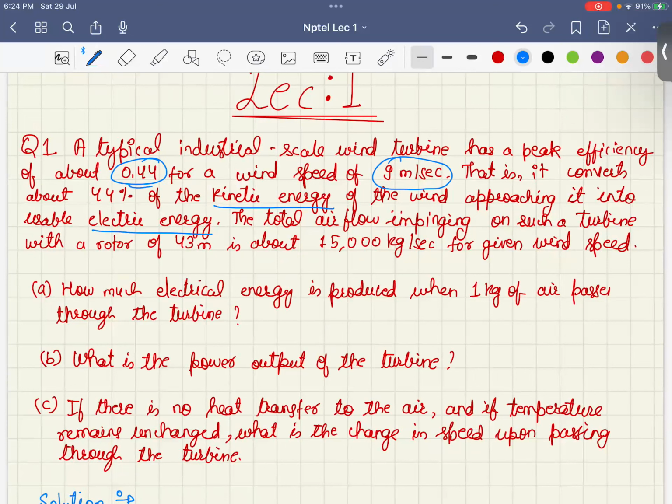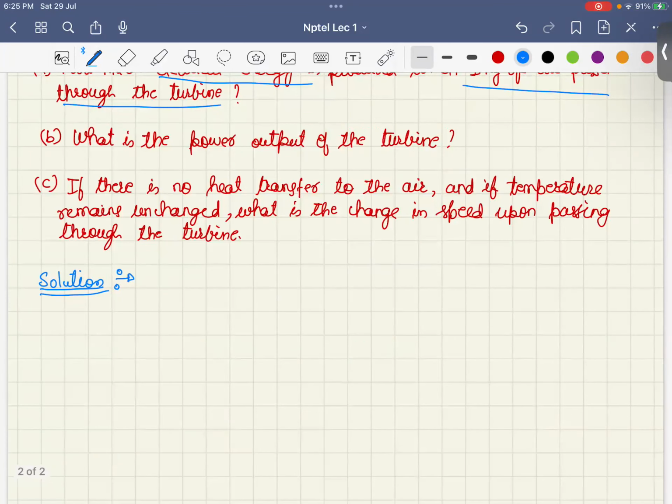The diameter of the rotor is given, and the mass flow rate of the air has been given as 15,000 kg per second. We are asked how much electrical energy is produced when 1 kg of air passes through the turbine. So we need the kinetic energy of 1 kg of air, and if we multiply it with the efficiency of 0.44, the value we obtain is the electrical energy we get from it, right?